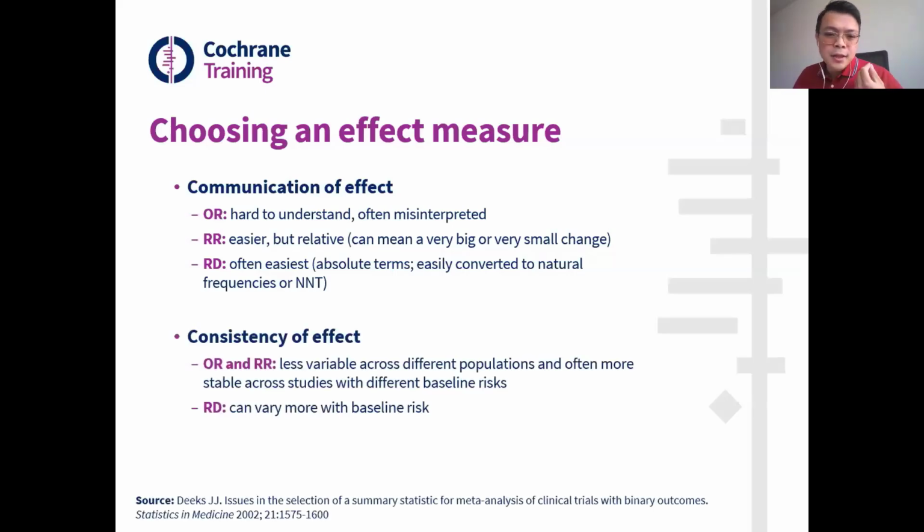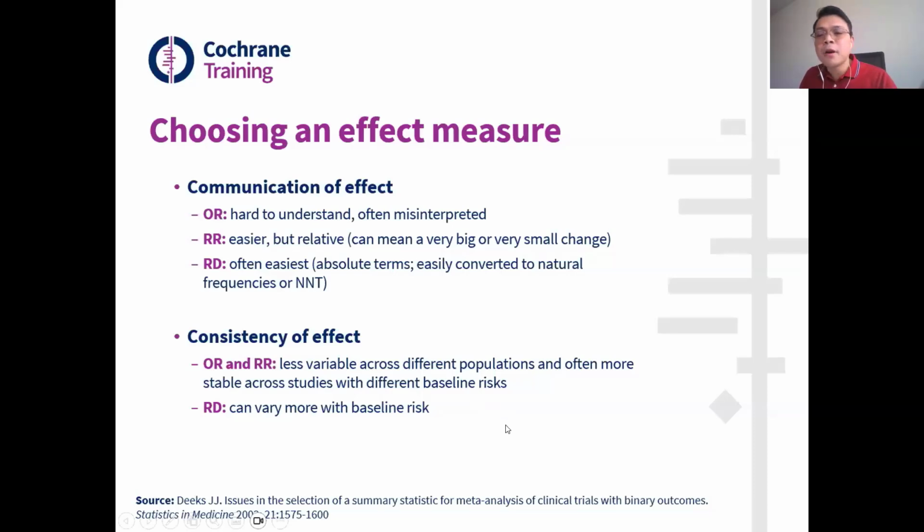The second consideration is consistency of effects. You should consider how consistent the effect measure is likely to be across different studies, across different populations. There's a study of reviews in the Cochrane library. We put the reference here at the bottom. This study showed that in general, the odds ratio and the risk ratio are more stable.